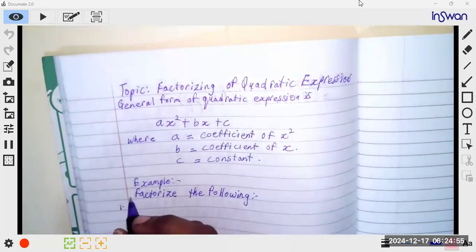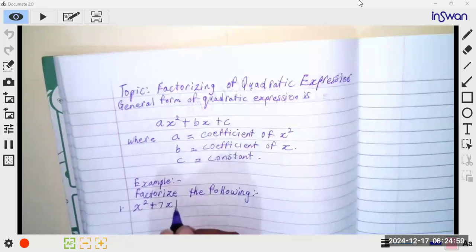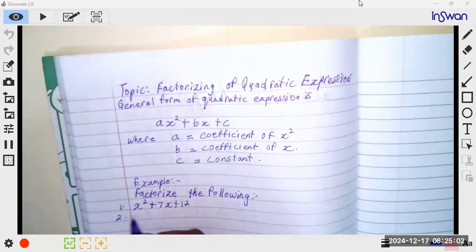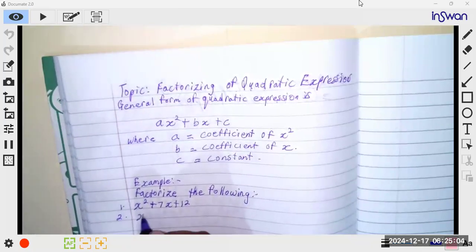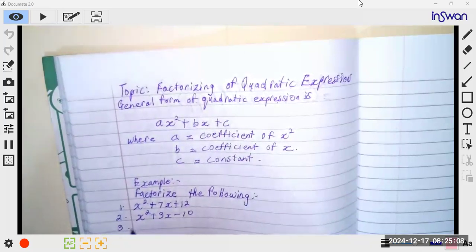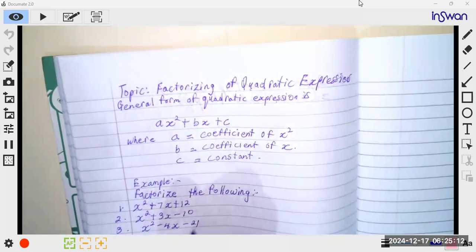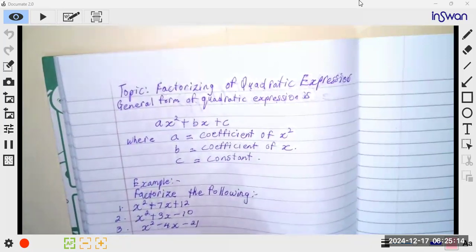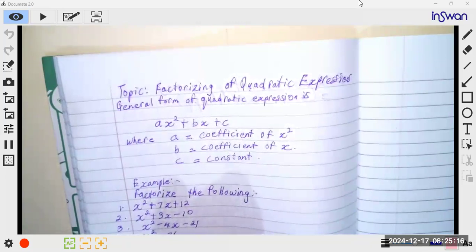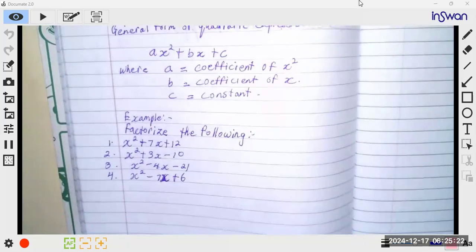First one, x squared plus 7x plus 12. Two, x squared plus 3x minus 10. Three, x squared minus 4x minus 21. And lastly four, x squared minus 7x plus 6. Oops, I'm going to correct the book.